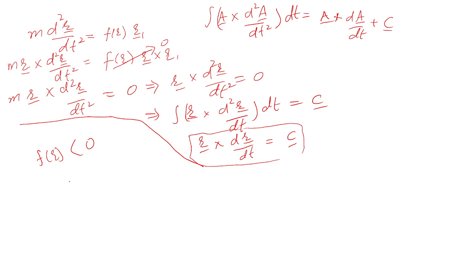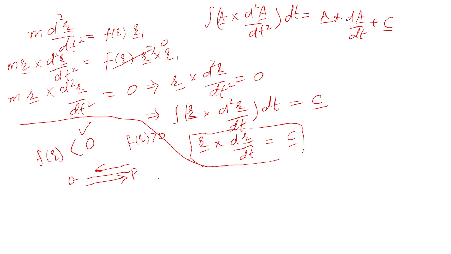So you see in the question we have 2 points, O and P. The force is attracted toward the center in this case when this is negative. But when f of r is positive, then the force is repulsive from the origin.